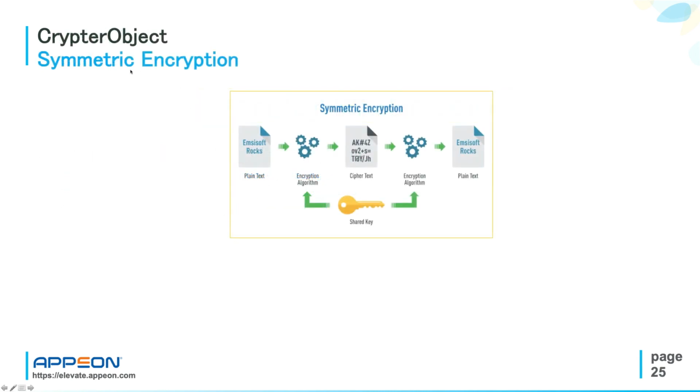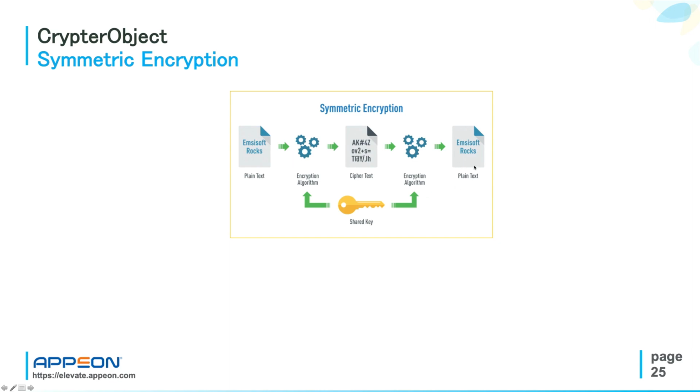Next is symmetric encryption. In this case, you change the way data is transferred, and symmetric encryption is based on a shared key. So the source starts from a plain text. On this plain text, an encryption algorithm is applied, and it produces a ciphertext which can then be decrypted by using the same algorithm and the same shared key.